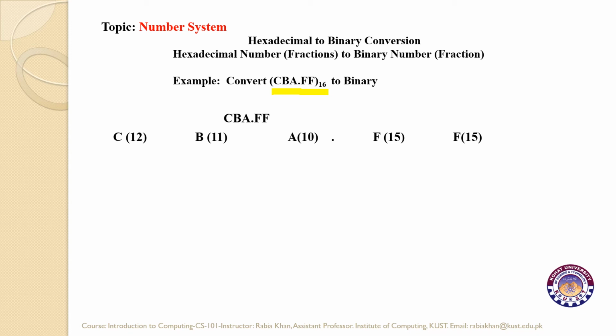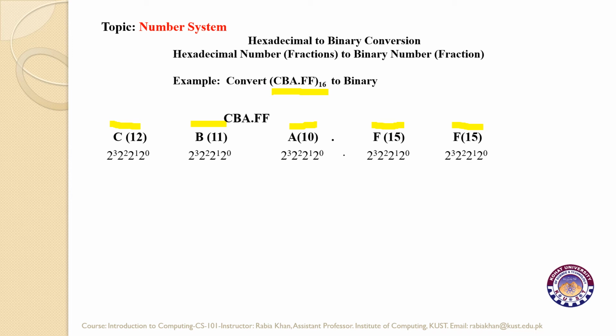So C is actually equal to 12, B is equal to 11, A is equal to number 10, F is equal to number 15, and again F is equal to number 15. Every individual number is now treated separately. So every individual number is split in a group of 4 binary digits.